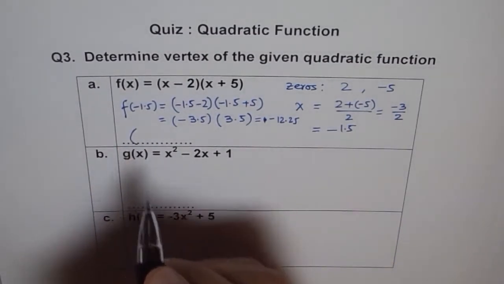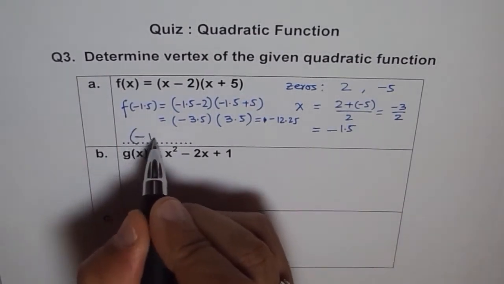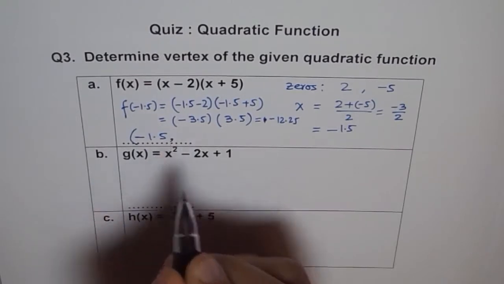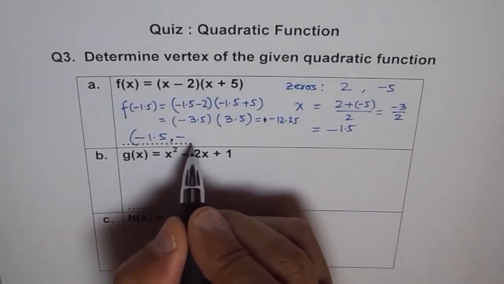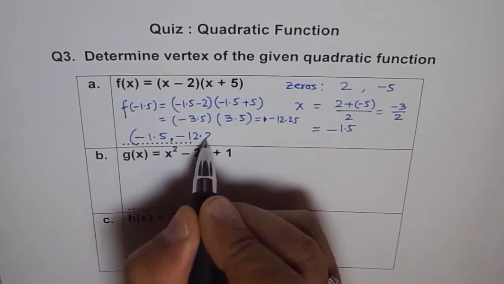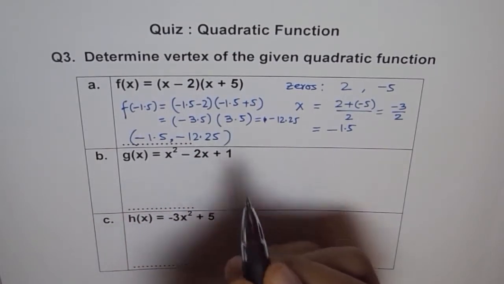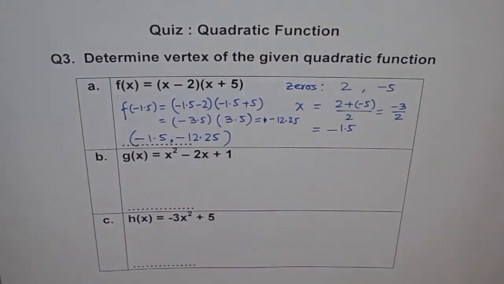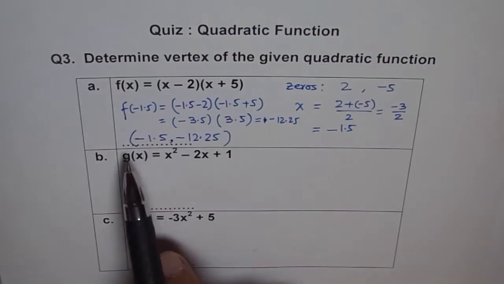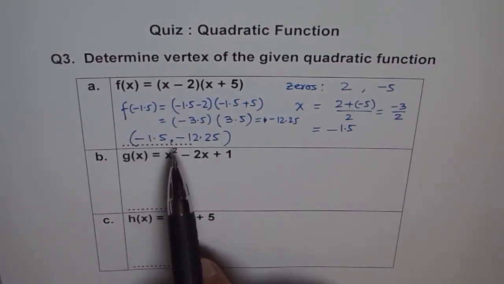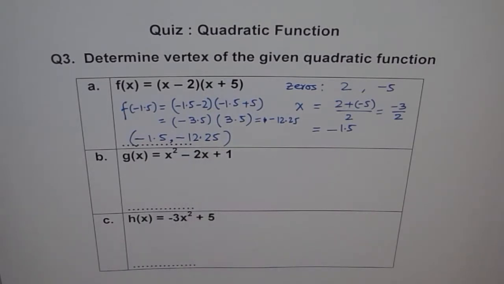Therefore we'll write the vertex here as minus 1.5, x value first, and then minus 12.25, the y value. Therefore the vertex for this is minus 1.5, that's the x value, comma, minus 12.25. Okay, so that's the vertex.